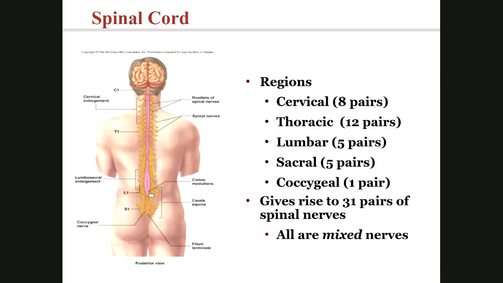If you remember from the vertebral column, between 2 adjacent vertebrae, we have 1 vertebral foramen in each side. Vertebral foramen in the right side and vertebral foramen in the left side. From each of these vertebral foramen, as you see in this picture, only 1 spinal nerve can come out.